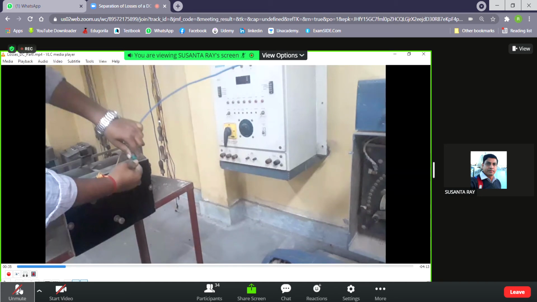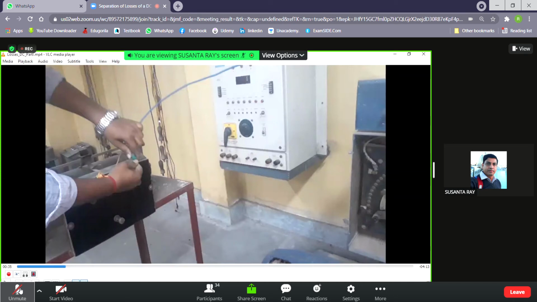Now every rheostat has two fixed terminals and a variable terminal. So altogether there are 3 terminals, 2 fixed terminals and a variable terminal. The upper 2 terminals are the fixed terminals.